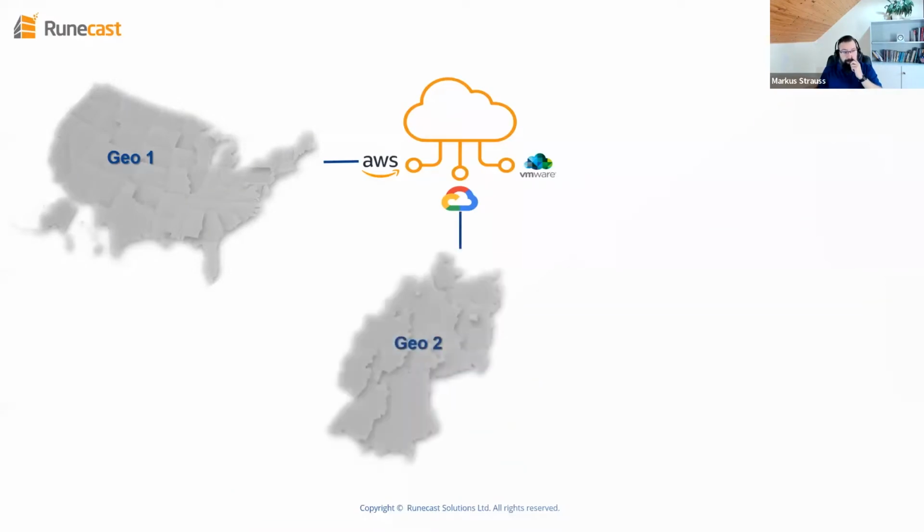Now let's add maybe a GCP deployment to that, which serves another geo. And on top of that, we might have some hybrid or on-prem setup, public-private cloud or similar. This is a very, I wouldn't say standard, but a fairly common type setup.